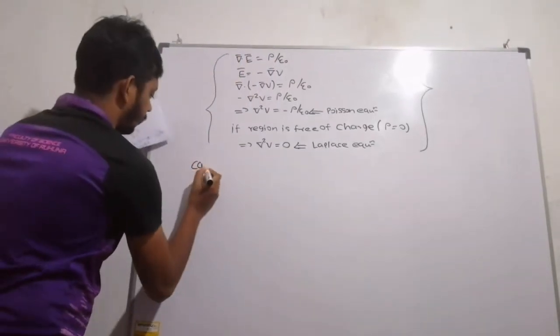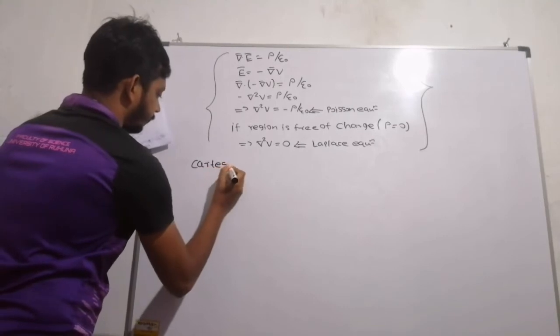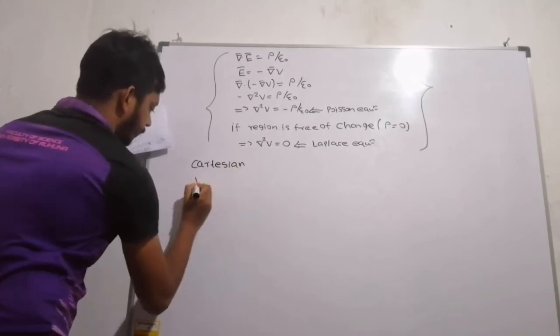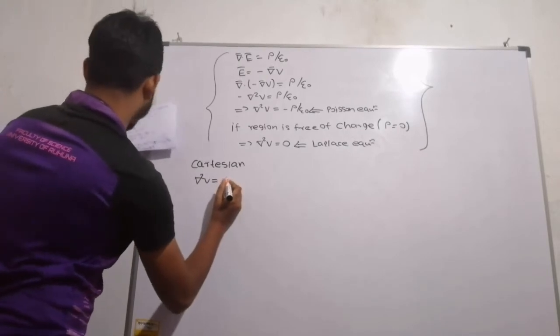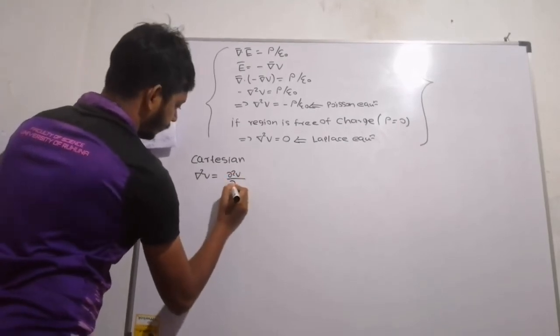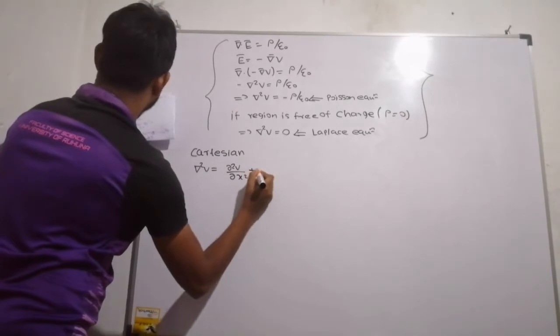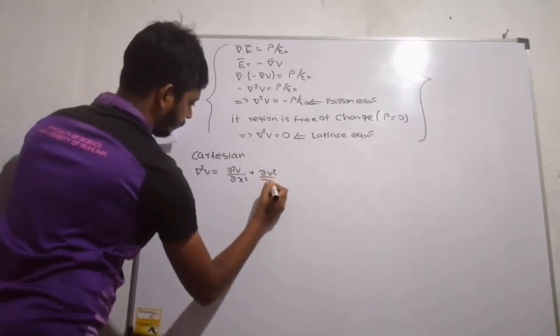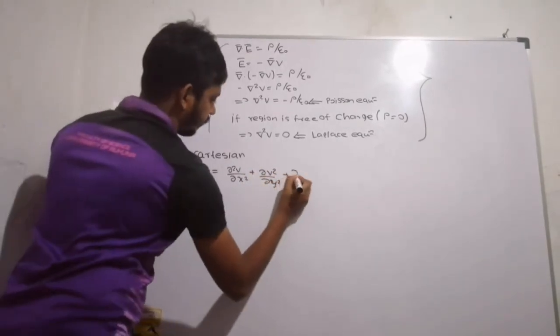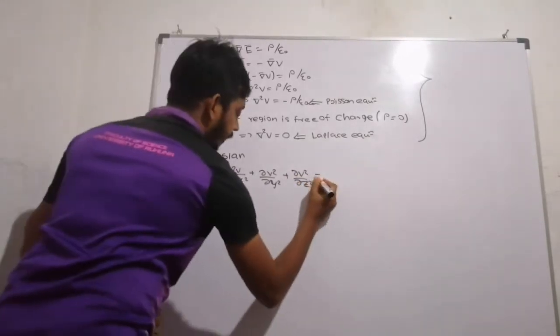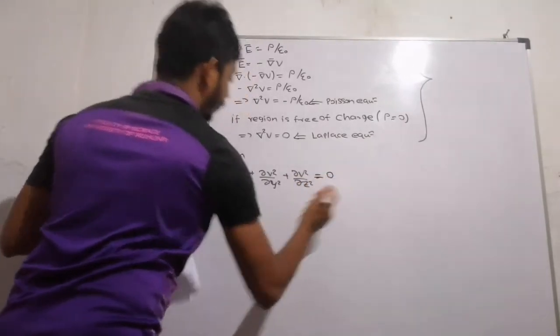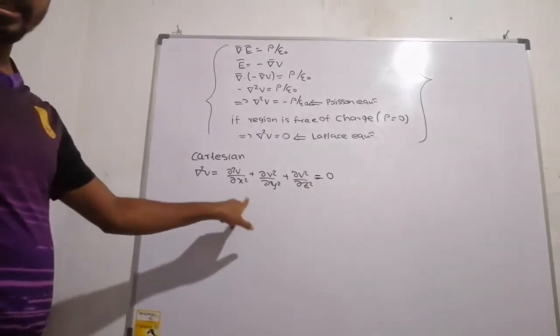For the Cartesian coordinate system, grad square V equals the sum of the second derivatives, and this is equal to 0. This is the Laplace equation for the Cartesian coordinate system.